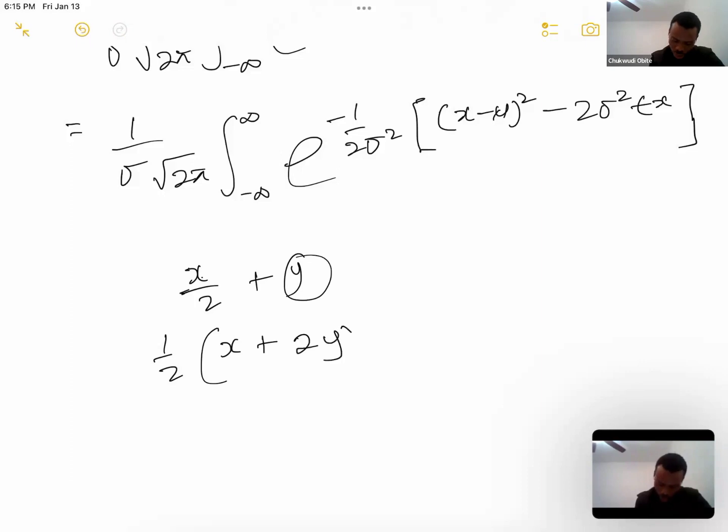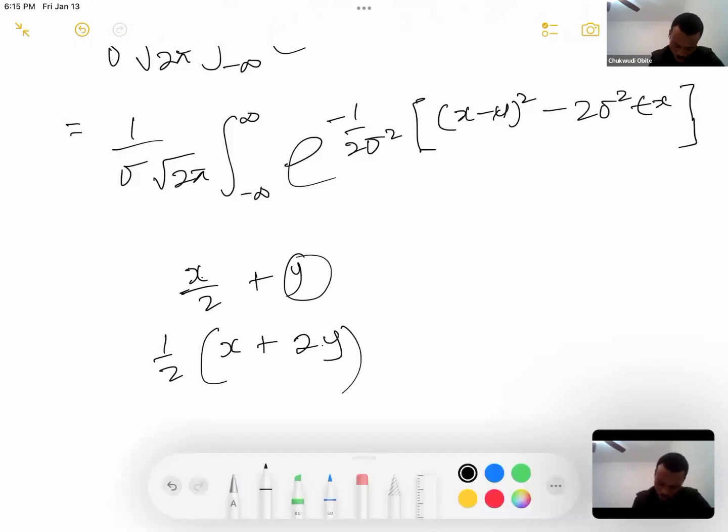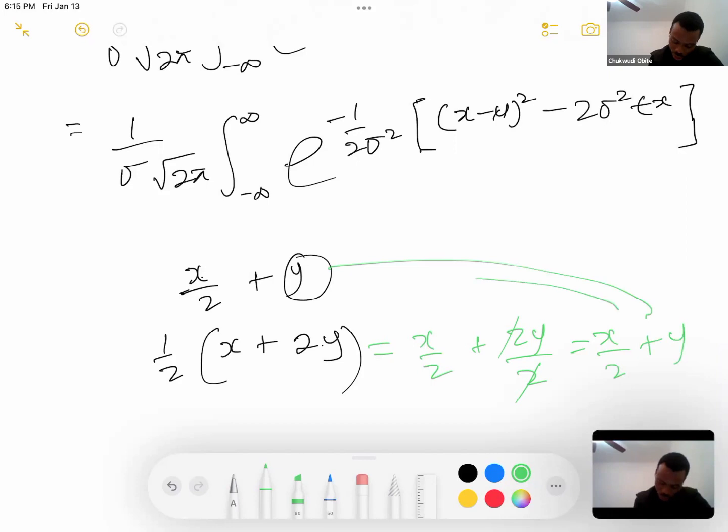The reason I'm multiplying by 2 is so that if I expand this bracket, I will have x over 2, and half times 2y gives me 2y over 2, so the 2 will cancel the 2, and I will be left with x over 2 plus y, which is my original equation. So that's what I just did.